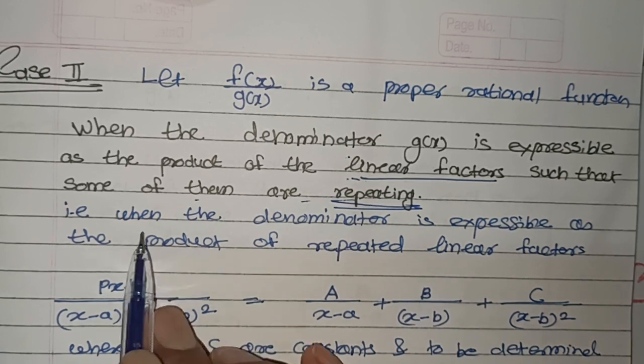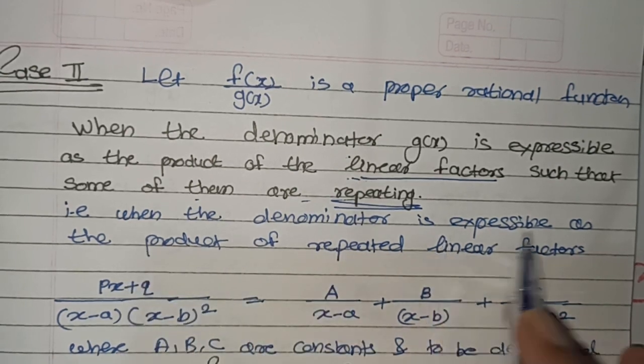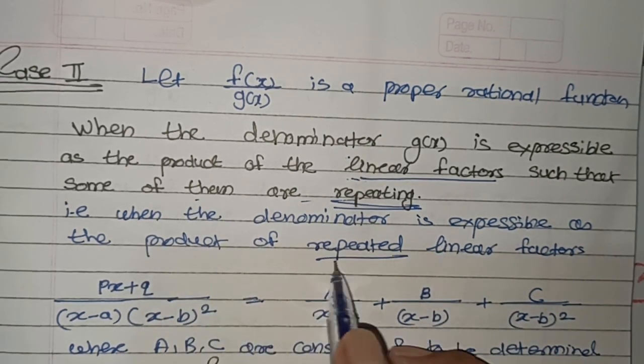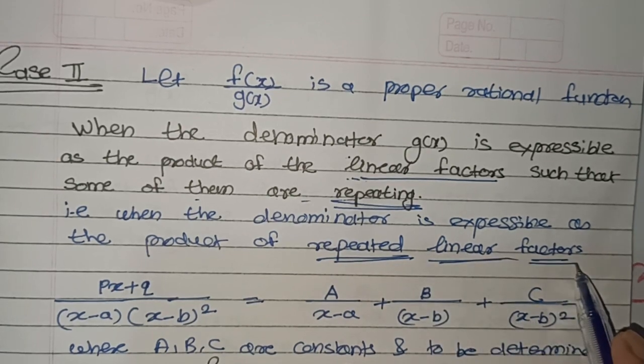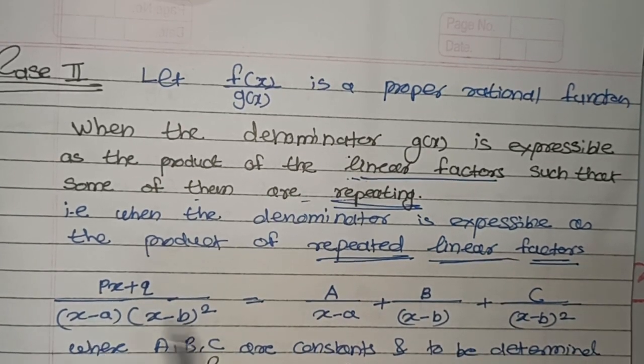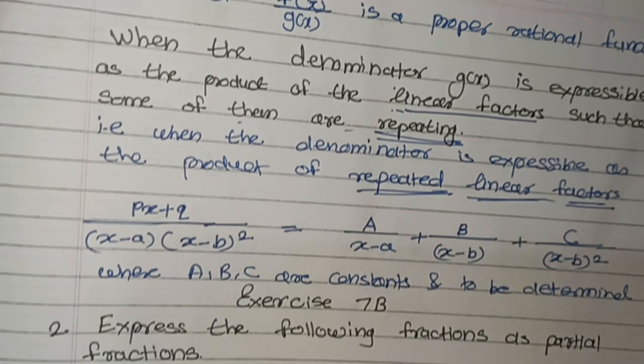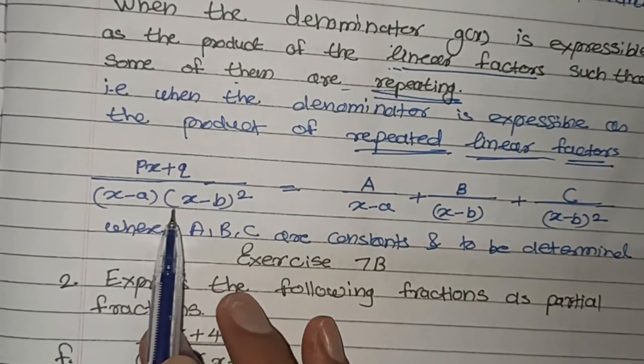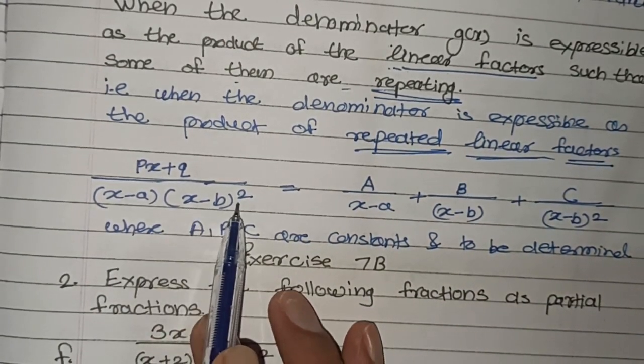That means when the denominator is expressed as a product of repeated linear factors. So this is of the type px plus q upon x minus a into x minus b whole square.